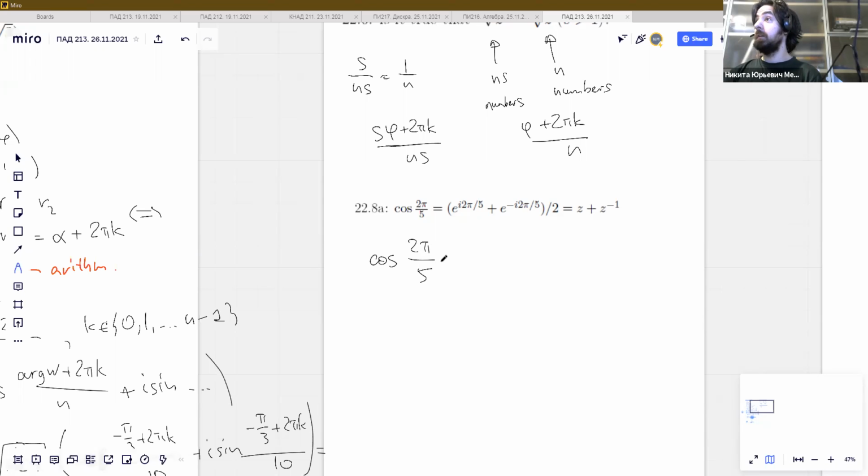This cosine is an interesting thing. Some of you might know how to find it using geometry. This angle is related to the regular pentagon. So maybe some of you know how to find the cosine of this angle, like it is 72 degrees or something, but it is not easy.